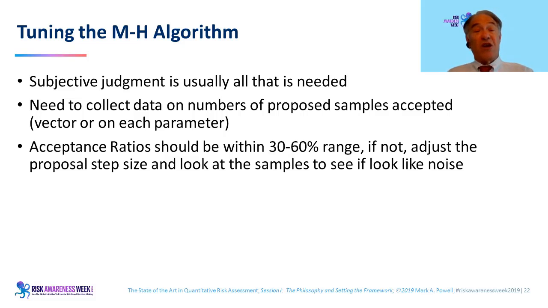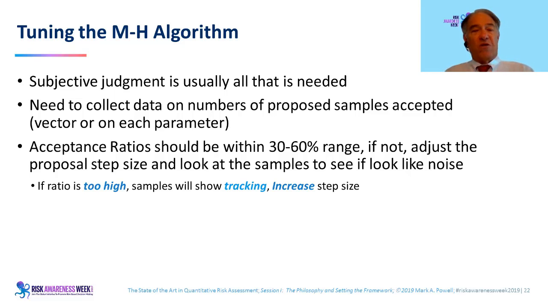Practice has shown us that the acceptance ratios we're looking for should be within the 30 to 60% range. If not, you're going to want to adjust. Our adjustment knob is the proposal step size. Then we look at the samples to see if they really look like noise. Everybody knows what noise looks like. Everybody has seen the movie Poltergeist with the noise that was on the TV. Well, we know what noise looks like.